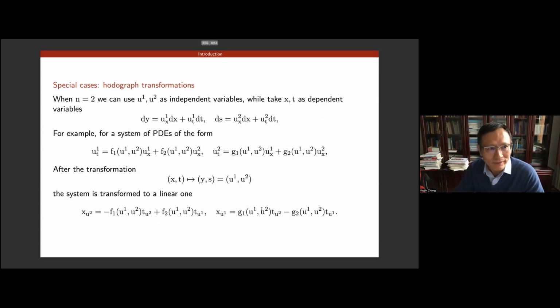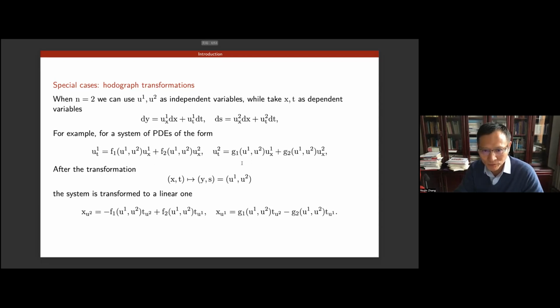And then if we have two unknown functions, u1 and u2, then we can take u1 and u2 as the independent variables, the spatial variable and the time variable. And we take the original spatial and time variables as dependent unknown functions of the PDE. So we can perform this reciprocal transformation or hodograph transformation.